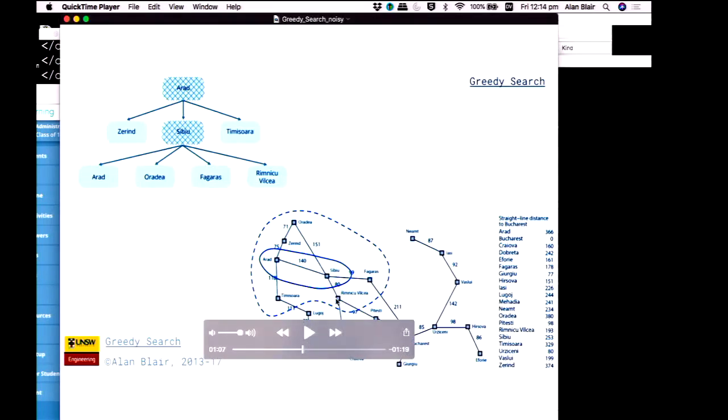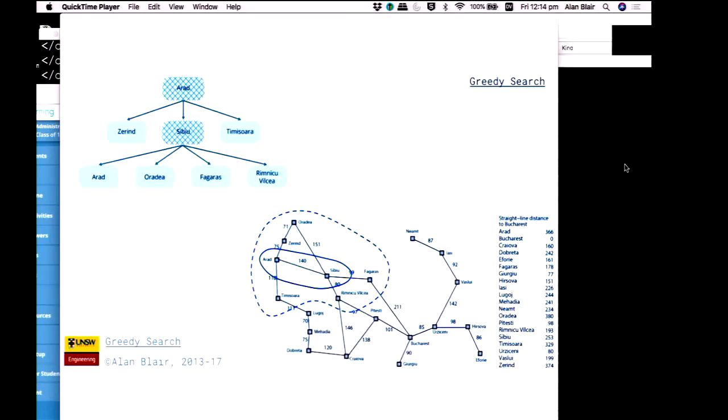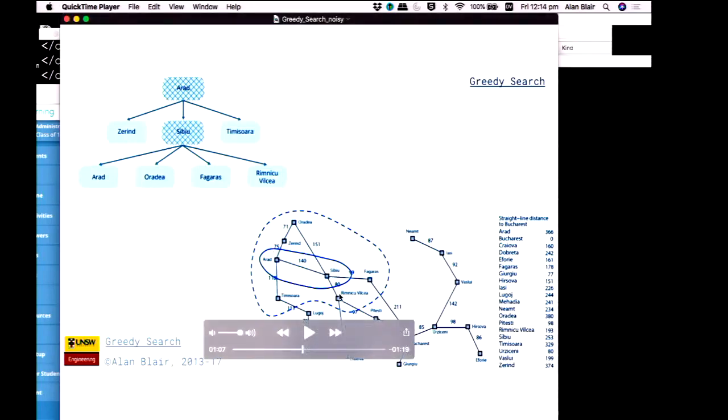So this node is further away from Bucharest, but it's closer to the initial state, right? So a more intelligent approach would be to add these two things together. We say, okay, I look at the distance I've traveled already to get here and add what I think it'll take to get to Bucharest, and I do that for this node and then do it for this node. And when you take that approach, this node comes out a little bit ahead because this part of the path is shorter, and so the whole thing is shorter.